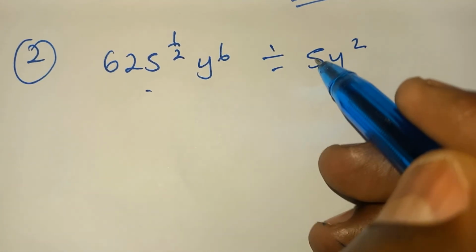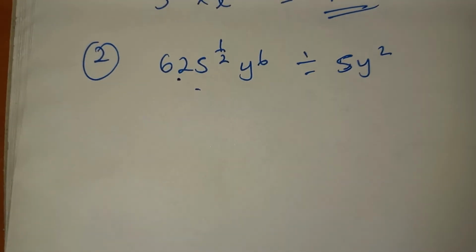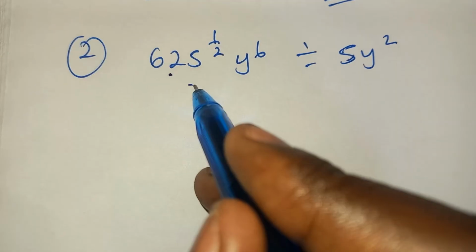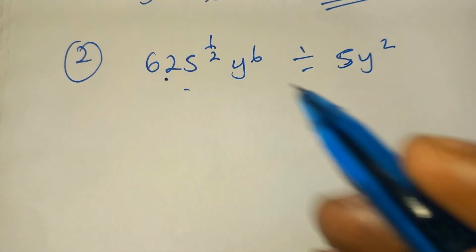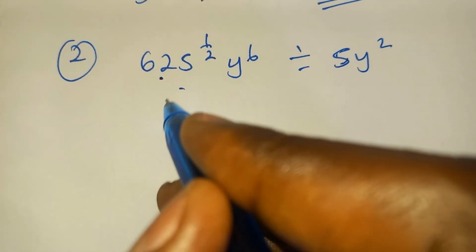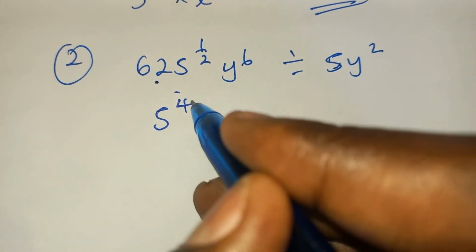Since we have 5 on this side and we have 625 here, we can try to rewrite the expression so that it is in terms of base 5. So we can write 625 as 5 raised to the power 4.